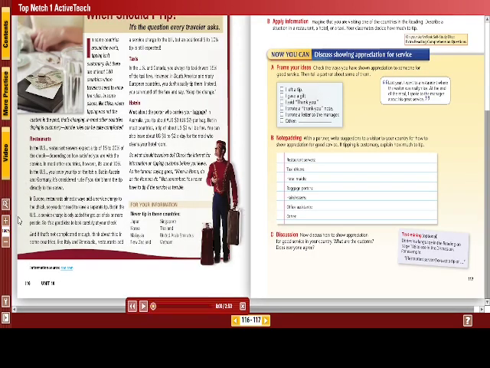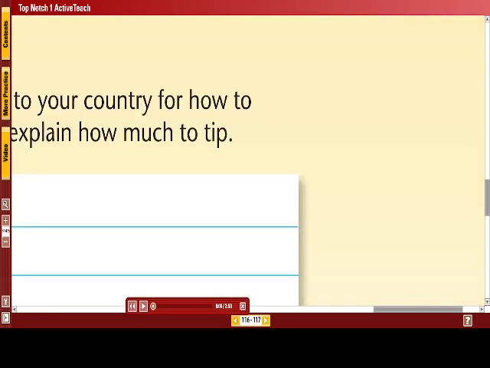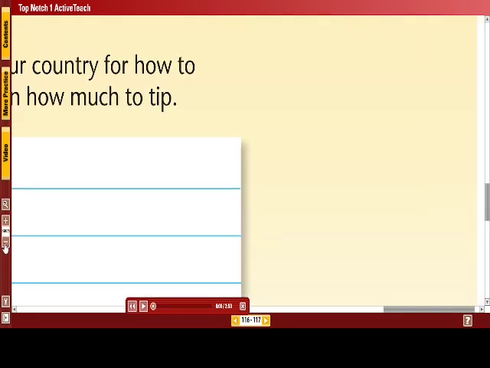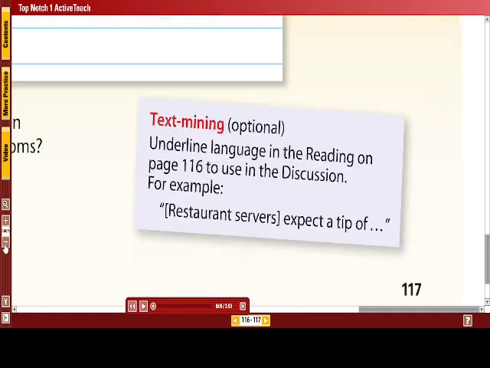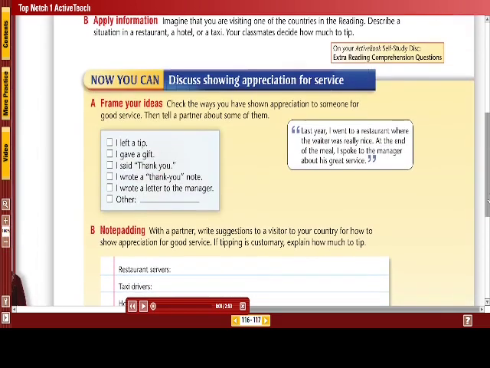Okay, now we have in here some ideas on how to show appreciation for a good service. I'm going to read them aloud. For example, think of some time you showed your appreciation for a good service. So what did you do?